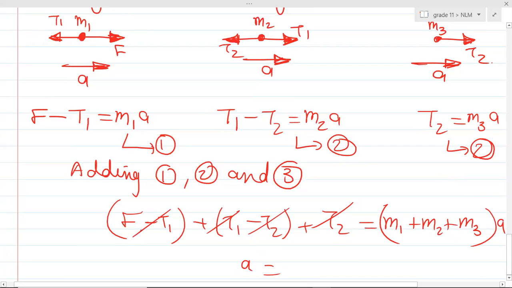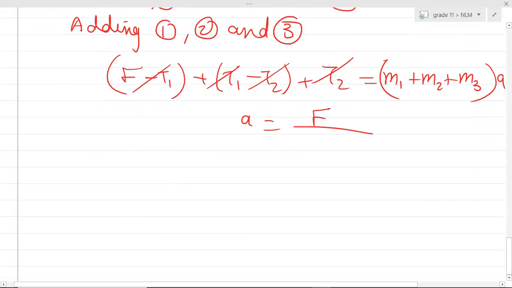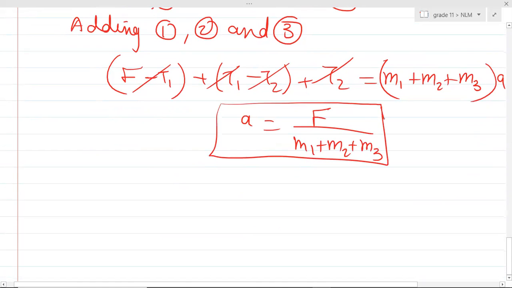Only F will remain over here. So the acceleration of the blocks is equal to F upon (M1 plus M2 plus M3). Is that clear? Is this clear, guys? Acceleration.